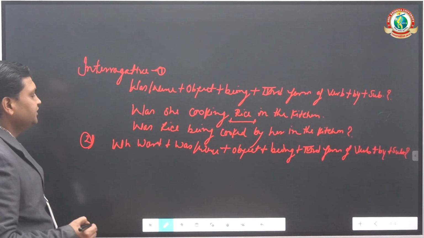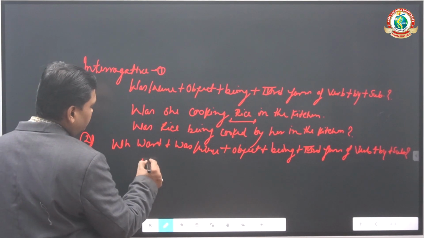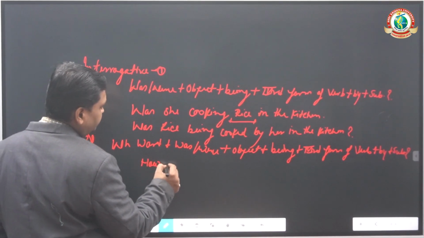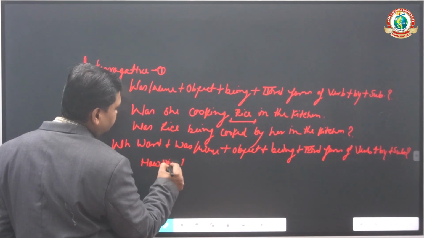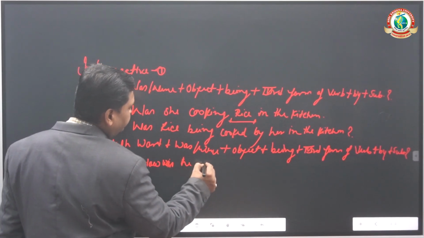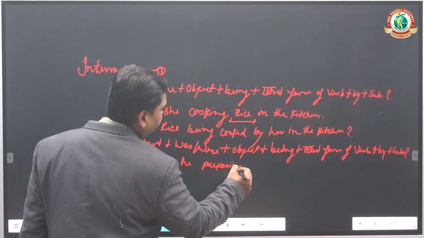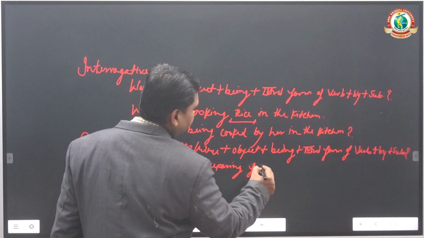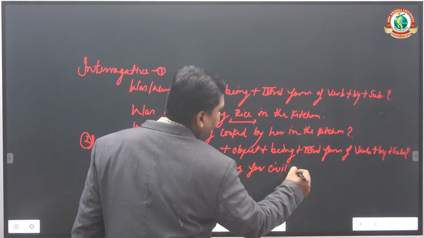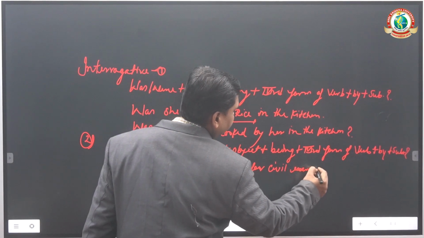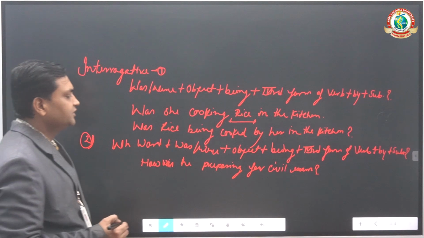The sentence in active voice must be: how was he preparing for civil exam. How was he preparing for civil exam?